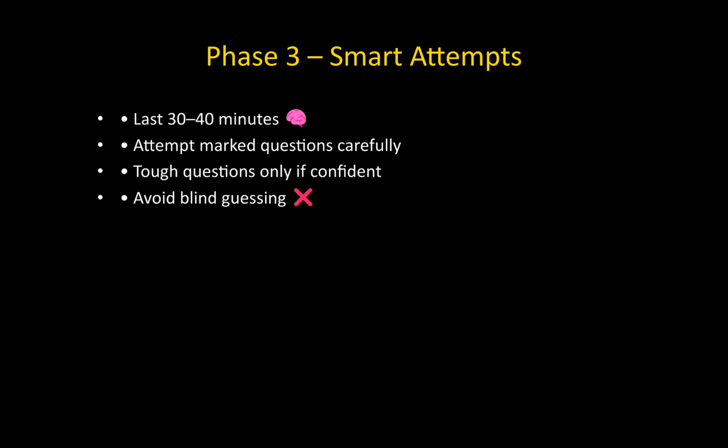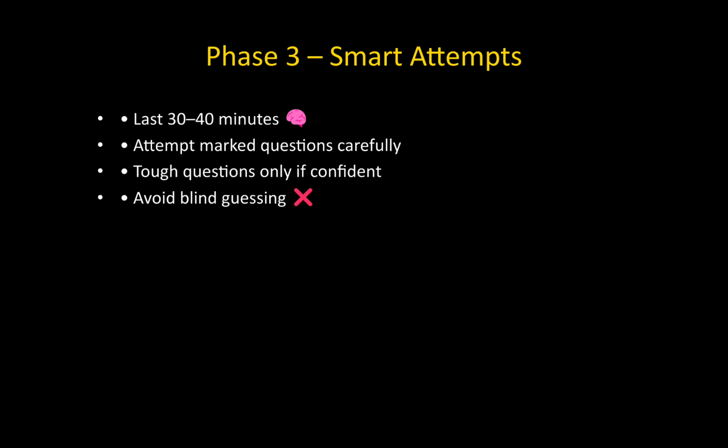Okay? Now the next phase would be phase 3, which was roughly 35 to 45 minutes. In this phase, I used to attempt the questions which I had marked in my second phase. I used to touch them only if I felt confident, because wasting time on lengthy questions is also a very bad strategy.